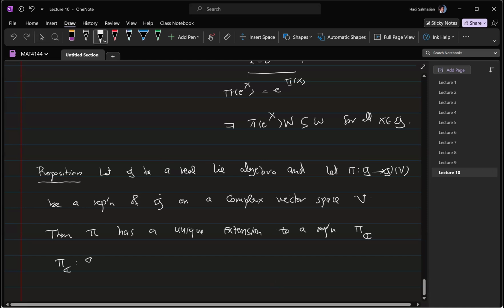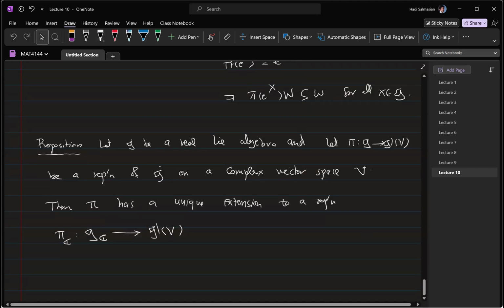Maybe I write it here. It goes from G_C to GL(V) again. The target doesn't change because it was already a complex vector space. Here, G_C is just the tensor product of G with the complex numbers over R. This really is like G plus square root of minus 1 times G, as a vector space, that's what it is.